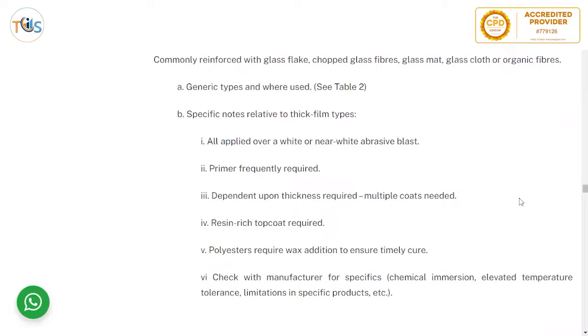Primer frequently required, dependent upon thickness required. Multiple coats needed. Resin-rich top coat required. Polyesters require wax addition to ensure timely cure. Check with the manufacturer for specifics such as chemical immersion, elevated temperature tolerance, limitations in specific products, etc.